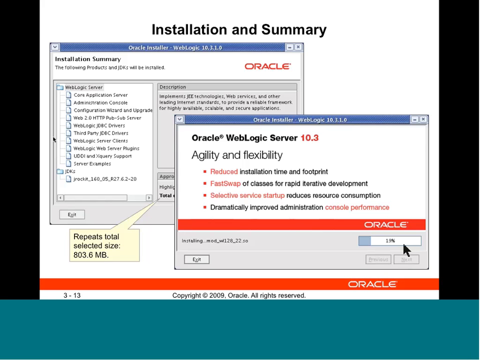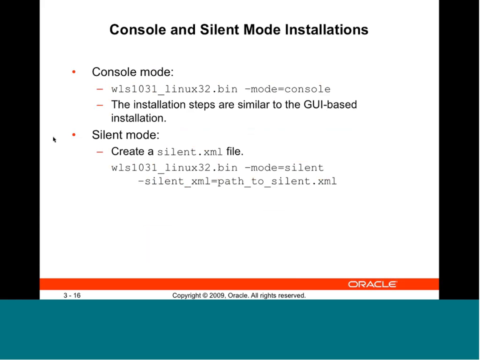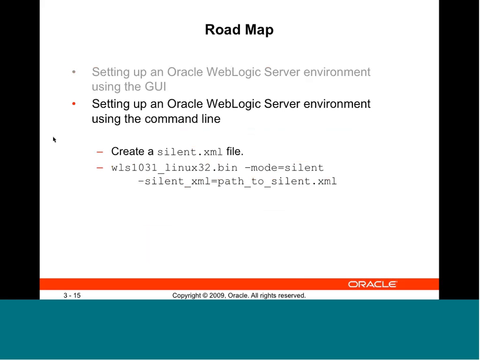You still don't have any domain created, which will typically contain all your deployments, but you have product files ready with you, right? Is this clear? So this is how you will go and install WebLogic Server.